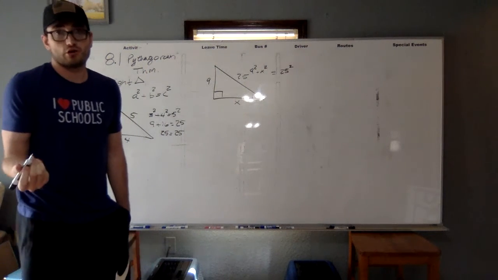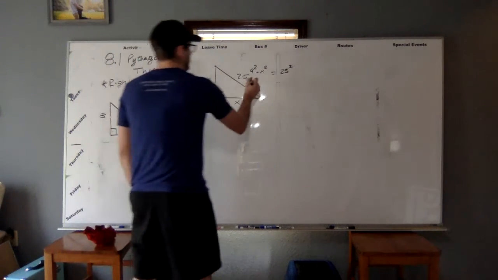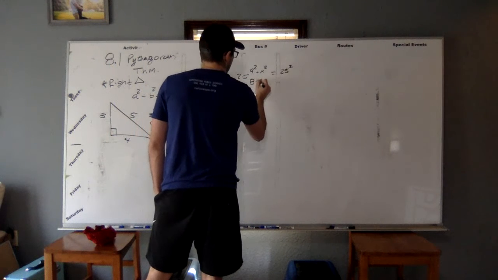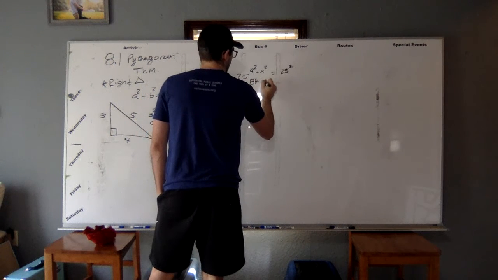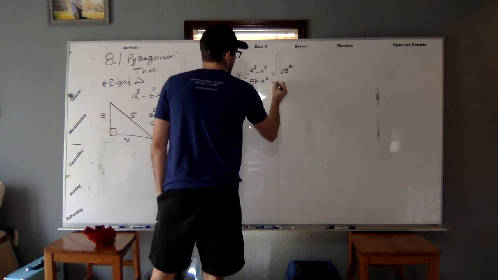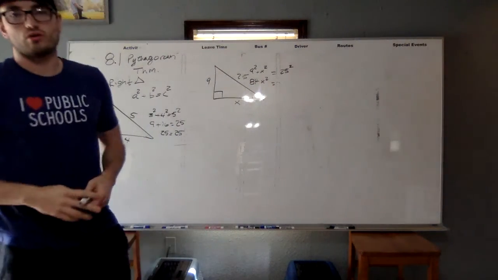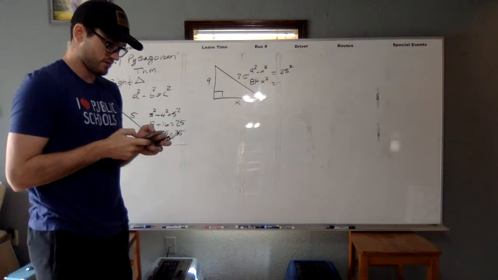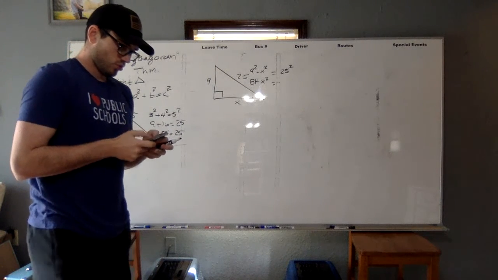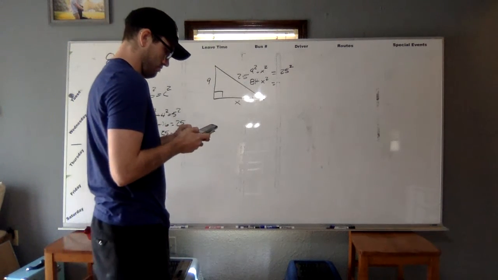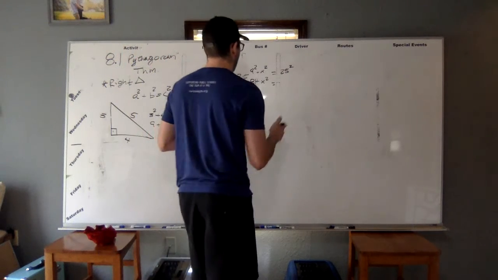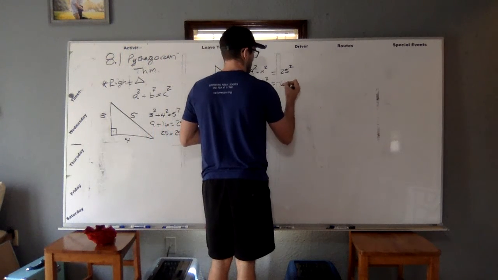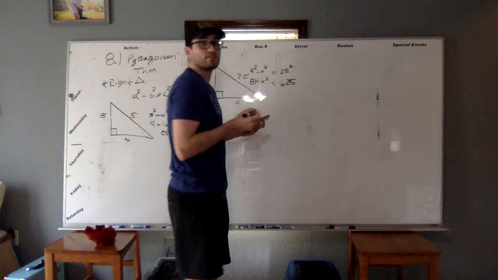Now it's just algebra. I go through and solve for X. Here I'd say 81 plus X squared is going to equal, I don't know 25 times 25 off the top of my head, so I'll get my calculator. 625. Now I continue solving.